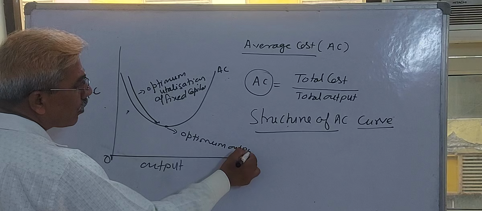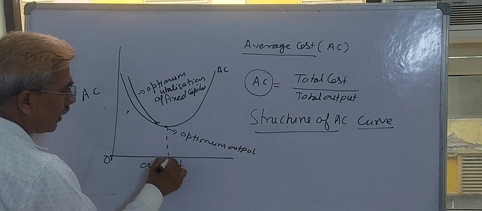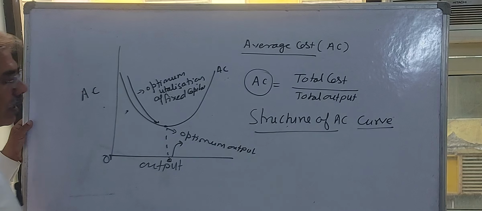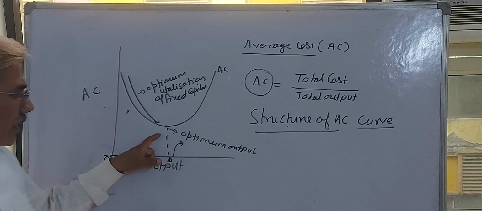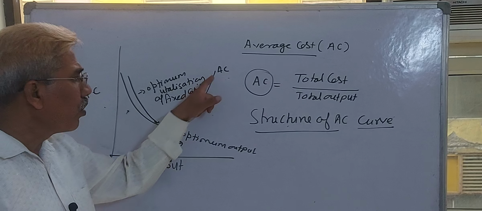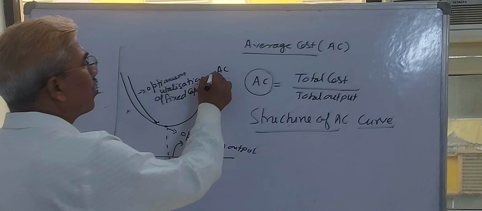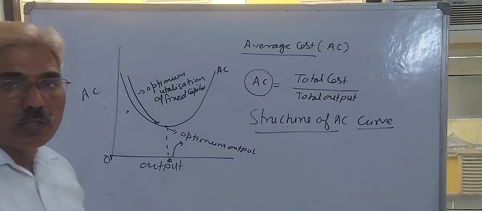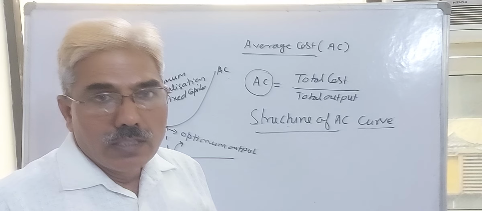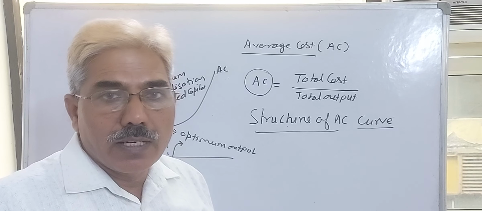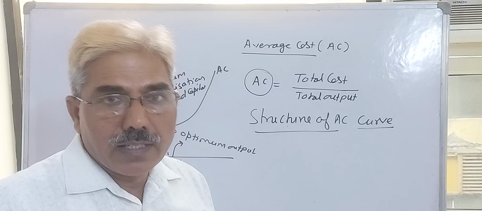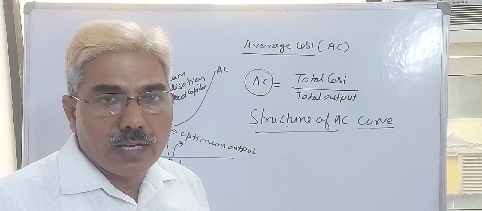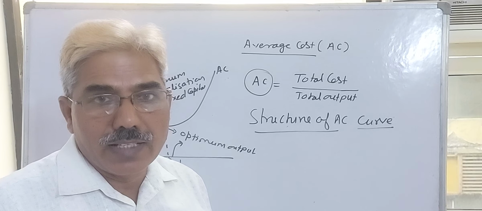You can say this Q is the optimum output, and this is the optimum cost or lowest average cost, because now the variable capital and fixed capital are optimally utilized.